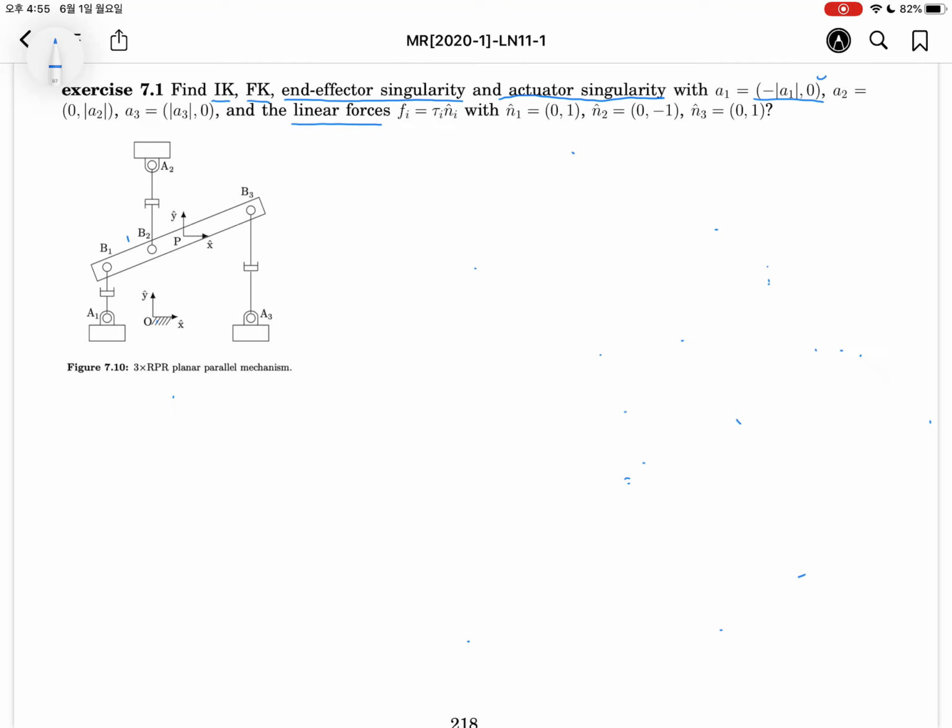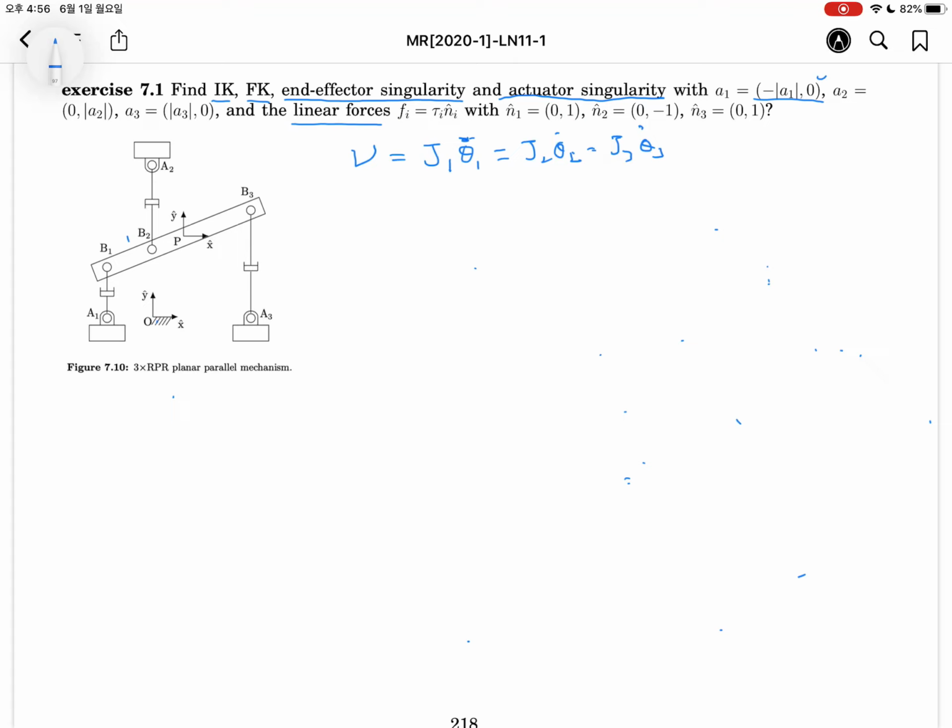In order to talk about the actuator singularity, we should find this equation. Maybe you know that the twist will be J1 theta 1 dot. Theta 1 dot has three elements, theta 1 1, theta 1 2, and theta 1 3, so it must be a vector. It will be equal to J2 theta 2 dot, J3 theta 3 dot.